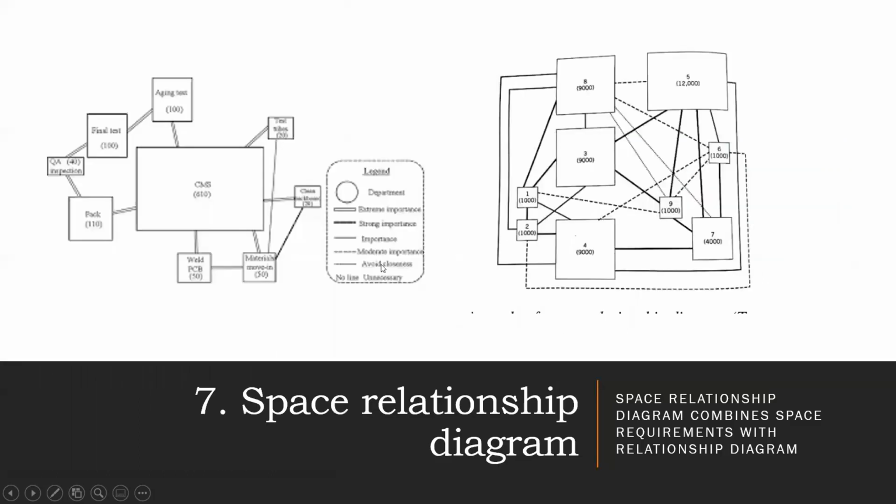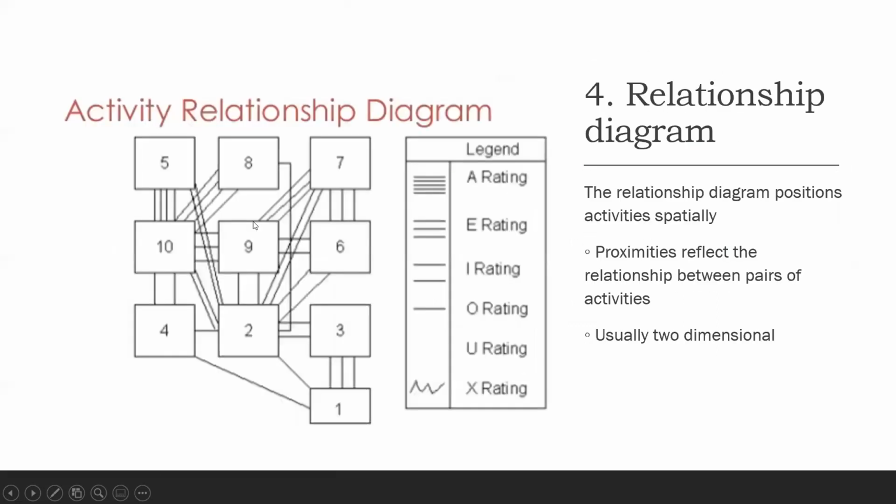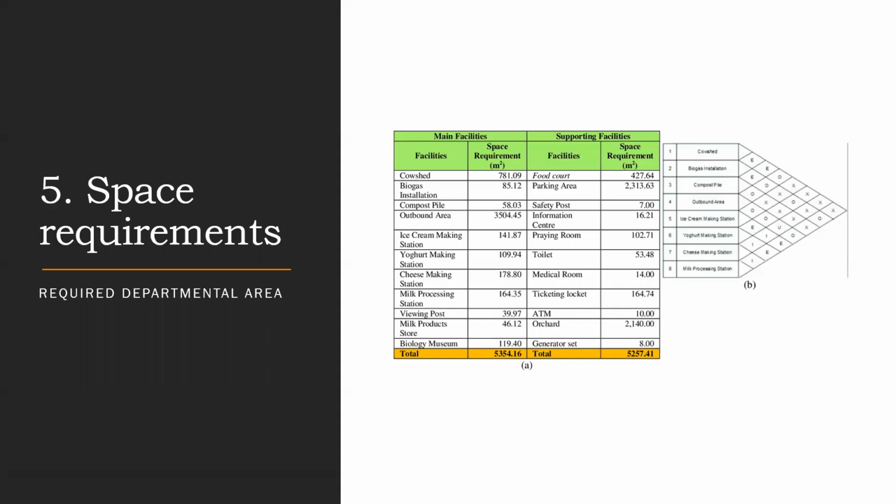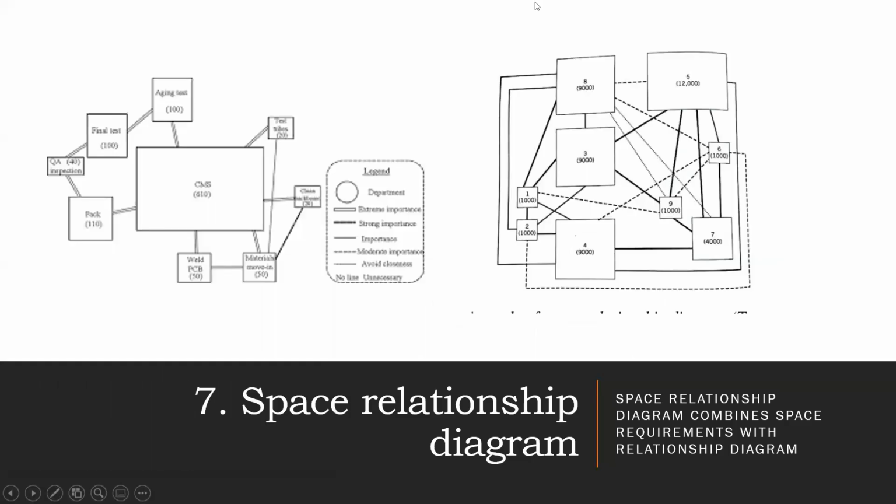Then ito yung relationship diagram. So once again, mula sa kanina nating ginawa na activity relationship diagram, ito po natapos na natin, kailangan nating ma-generate, ma-consider yung area bounded by each department. Okay, and that can be done through a space relationship diagram.